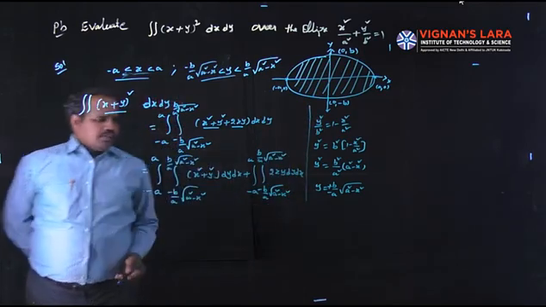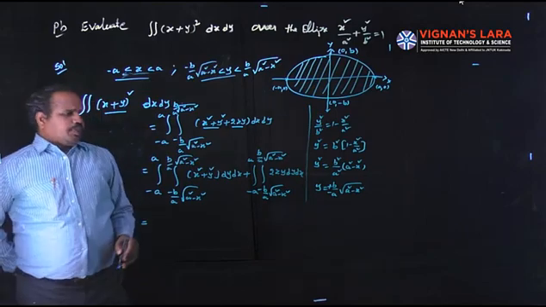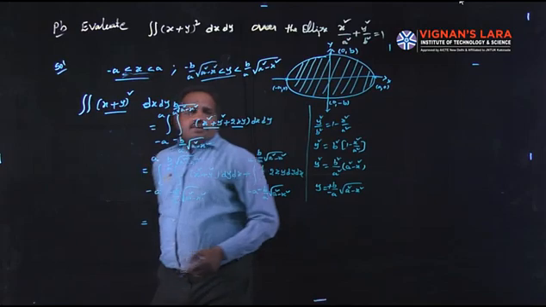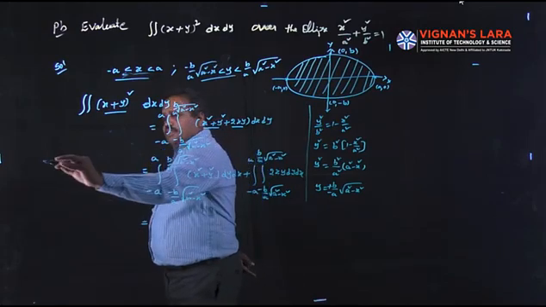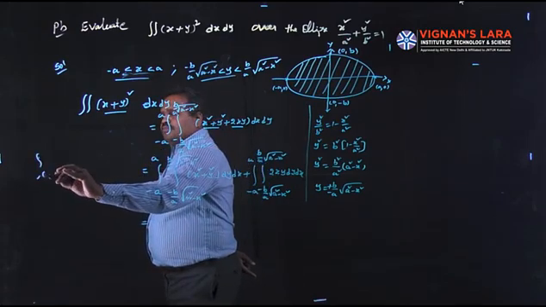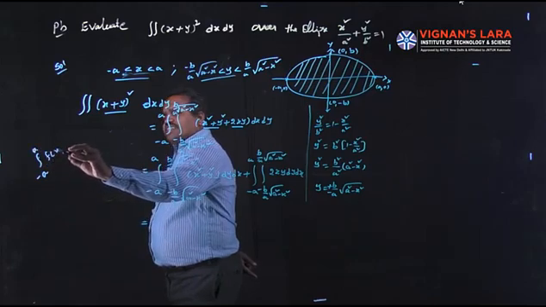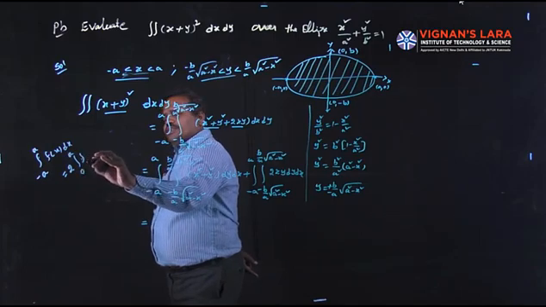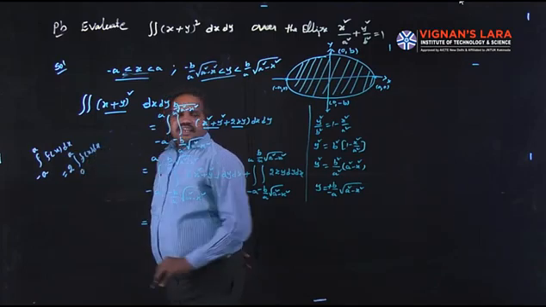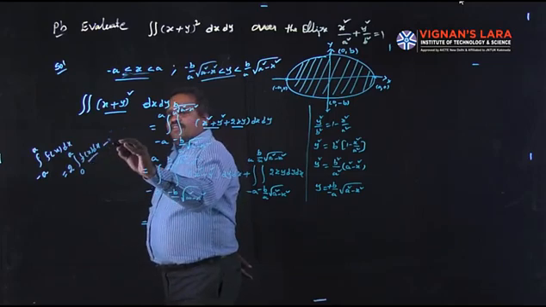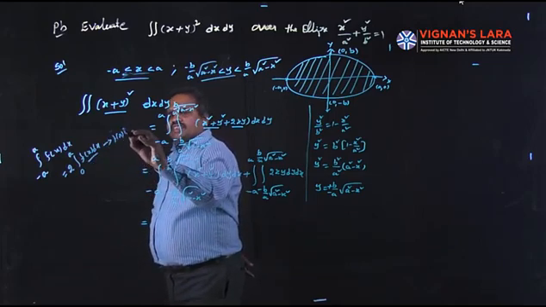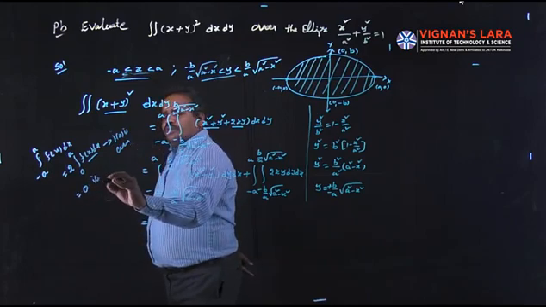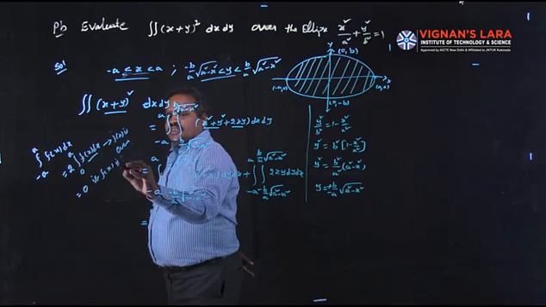Here if you are observing one condition, here we have a property: the definite integral from minus a to a of f of x dx can be written as 2 into the integral from 0 to a of f of x dx, when f of x is even, and this value is equal to 0 if f of x is odd.